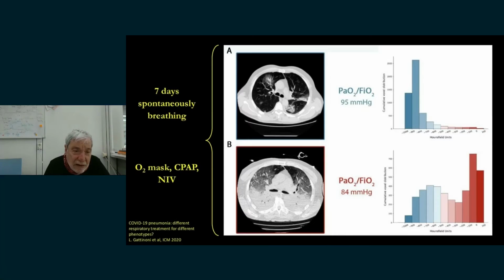This is a friend of mine, who died, first disease. Look here, CT scan, PO2 95 and 502. The CT scan was almost near normal. This, after 1 week of spontaneous breathing.